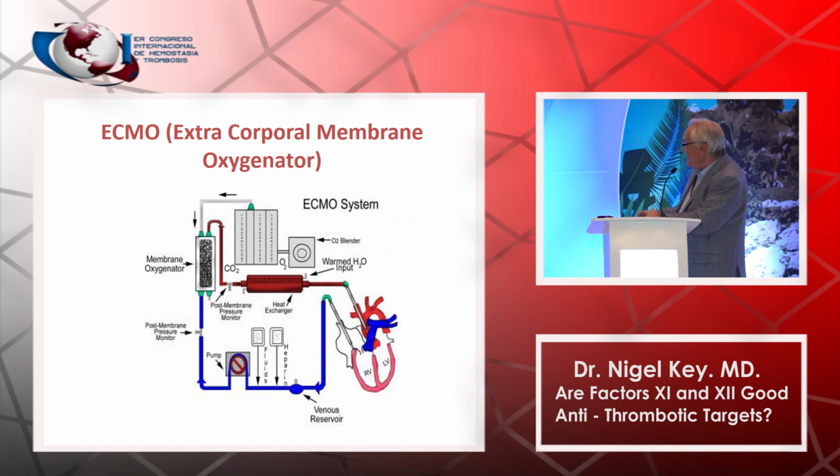So here in ECMO, essentially, as you know, what is done, this is an artificial oxygenator, is that the patient's blood goes through an oxygenator and then is returned to the patient because of severe lung disease, used in ARDS, et cetera. Very simple description of a complicated piece of machinery.